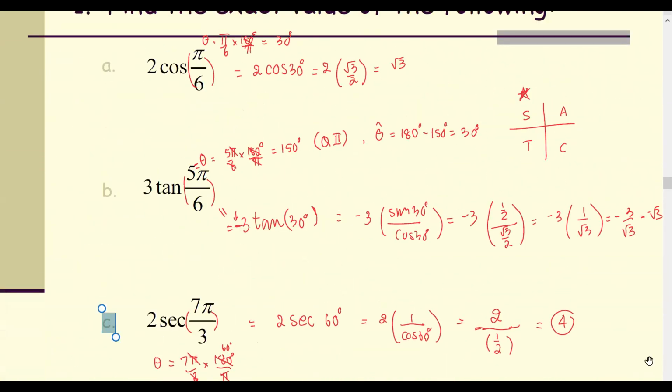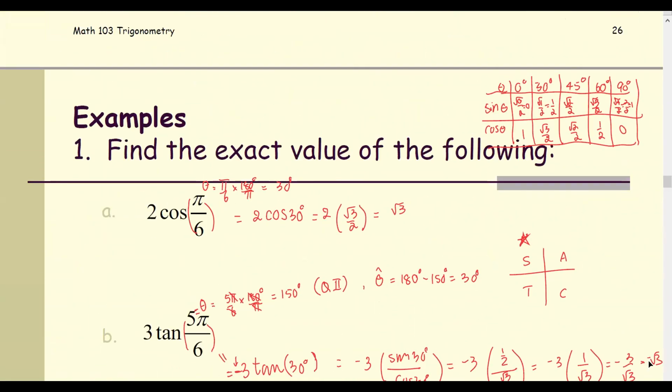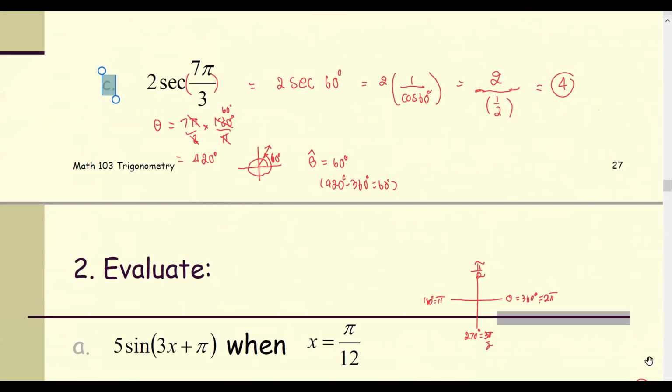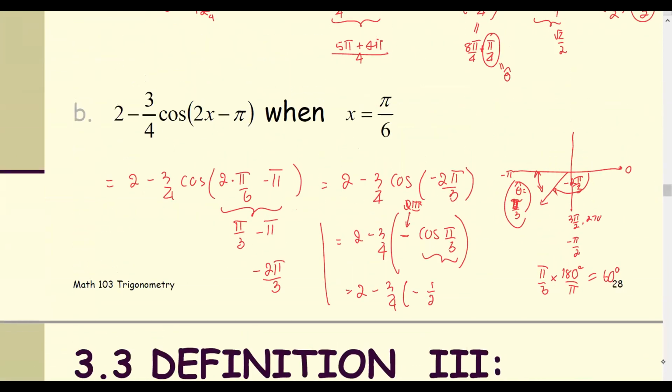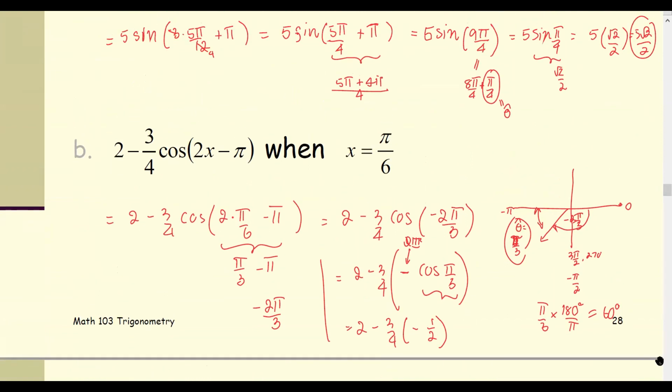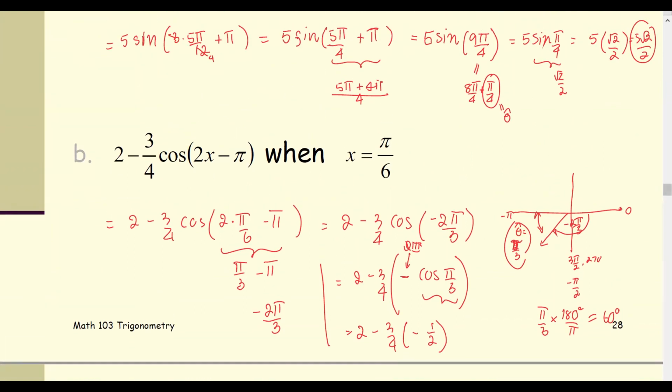Cosine of 60 degrees, from what we did earlier in the exact value table, is 1 over 2. And next, we clean up the numbers by distributing and multiplying negative 3 over 4 by negative 1 over 2, which becomes 2 plus 3 over 8, or 16 plus 3 divided by 8, and we get 19 over 8 as the result.